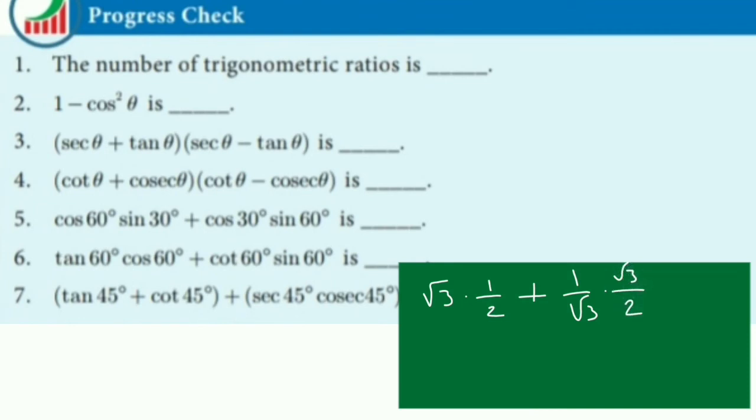Sin 60 is root 3 by 2. Here root 3 cancelled. Now root 3 into 1 is root 3 by 2 plus 1 by 2. LCM is 2. So answer is root 3 plus 1 by 2.